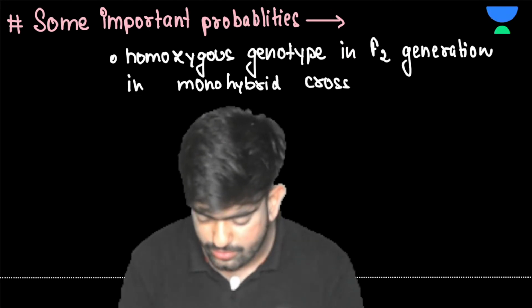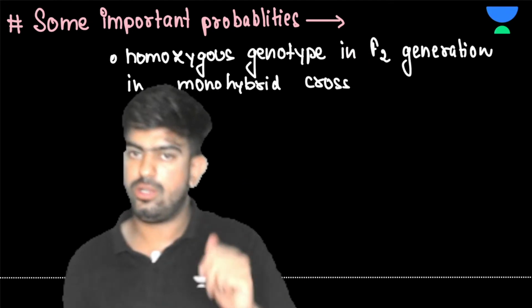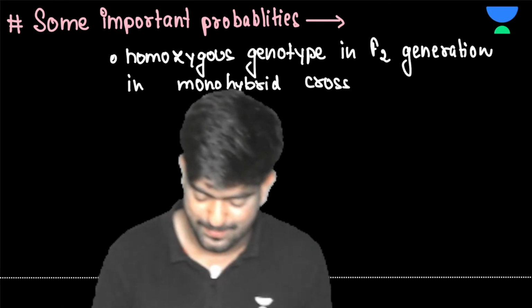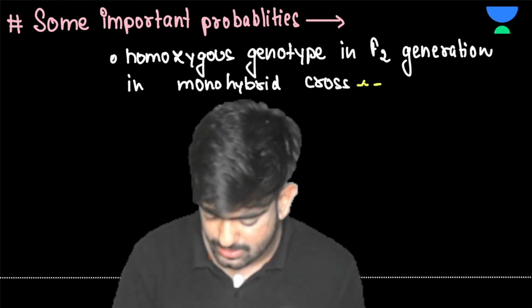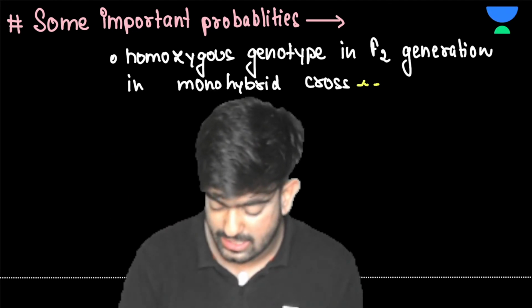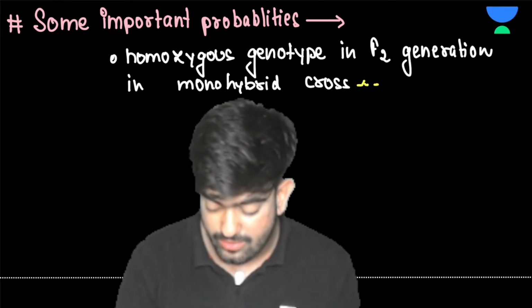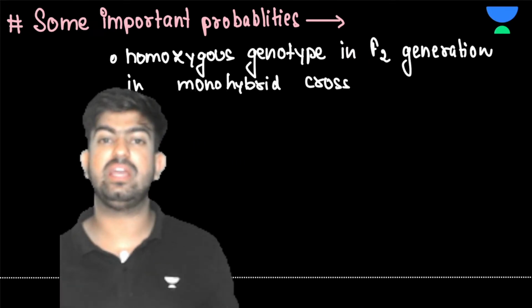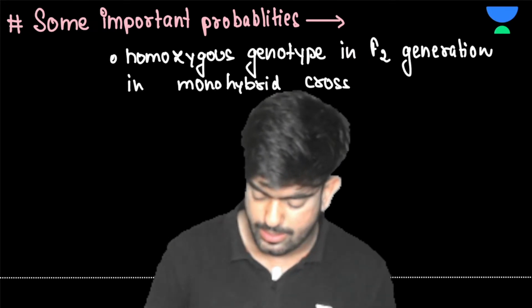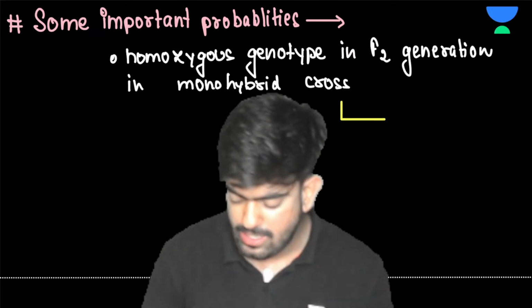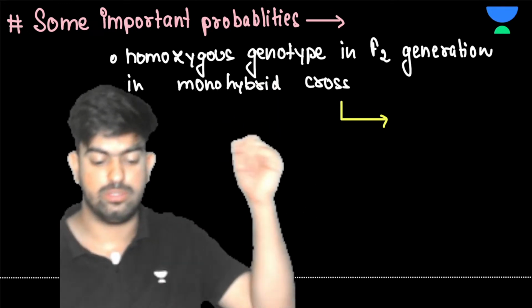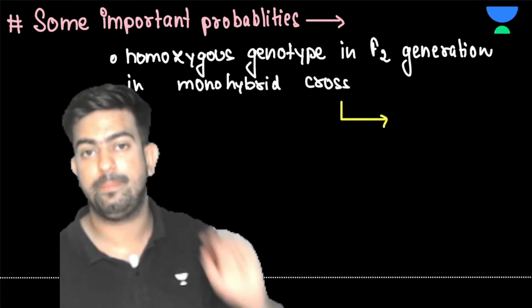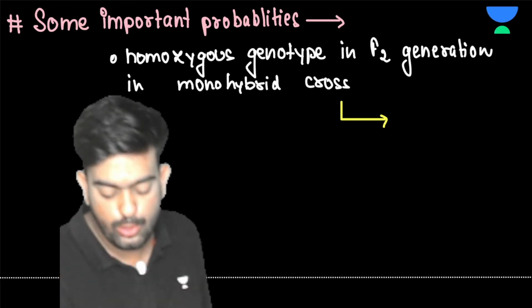You have not taught us. I have taught you, but you are not able to remember. Don't worry, it's a very easy thing. When you understand this type of concept, there will be no questions you are not able to solve. Every question will be a cakewalk. What was the ratio for the phenotype in the F2 generation of a monohybrid cross?